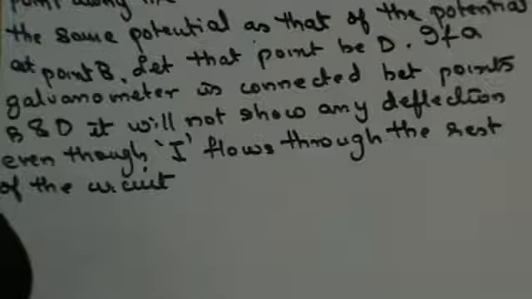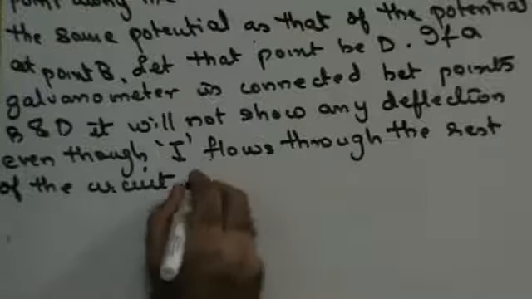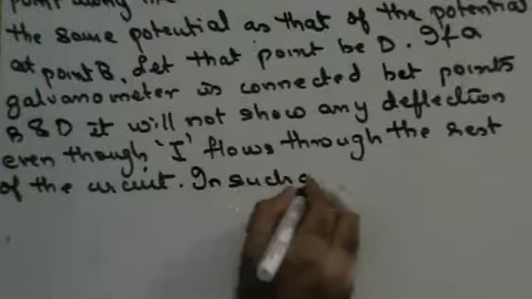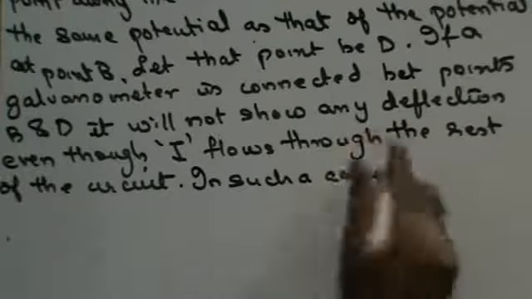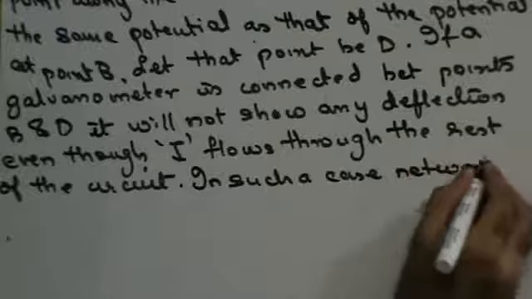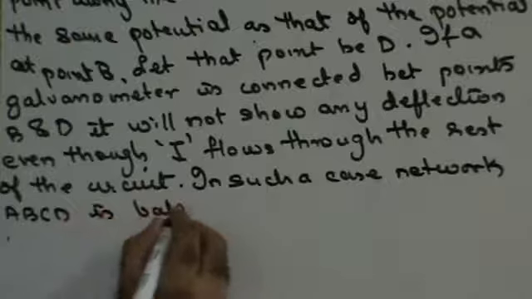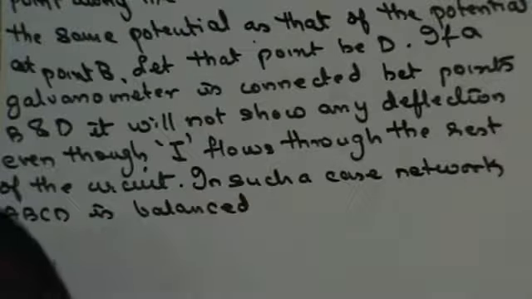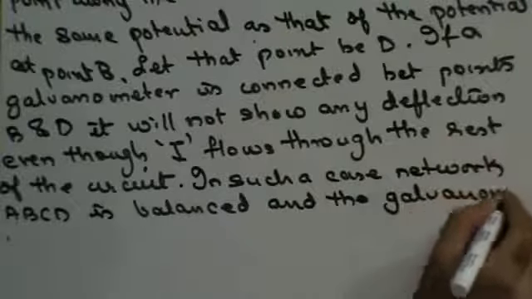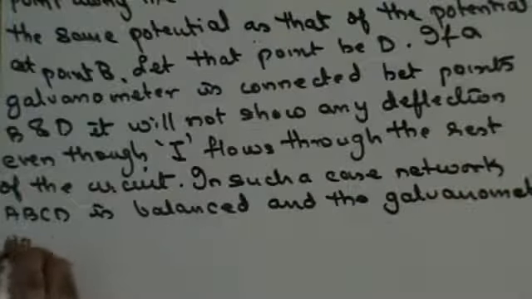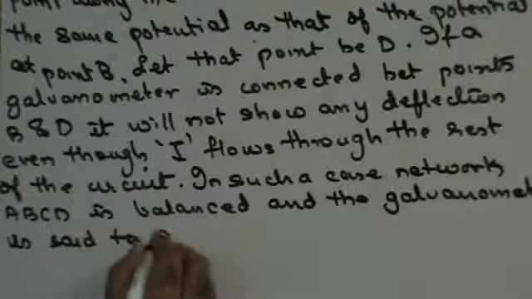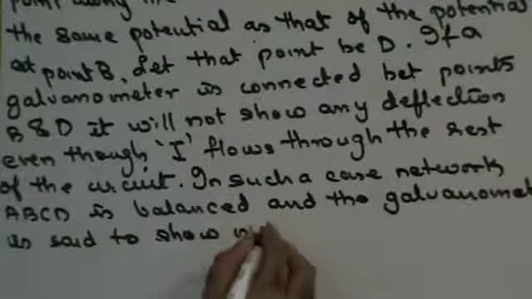In such a case, I can say that network ABCD is balanced, right? And the galvanometer is said to show null point.